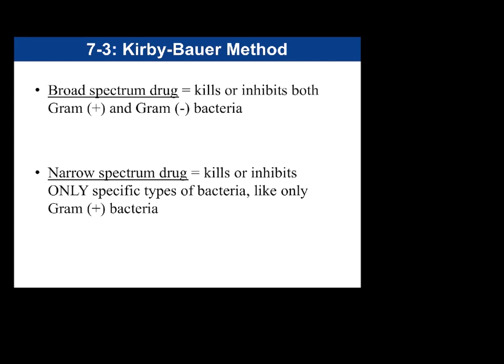It's going to be a drug that is used most favorably because it's going to target a lot of things all at once. Narrow spectrum drugs are going to kill or inhibit very specific species of bacteria, so perhaps only gram-positives, or perhaps gram-positives, but it really only targets a specific type of cell in gram-positives.